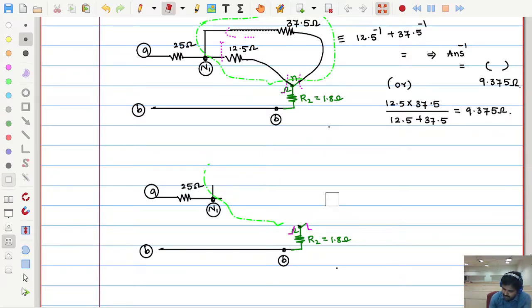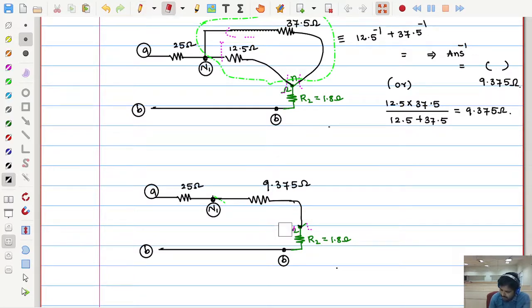So this value I already calculated. How much is that value? 9.375 ohms. Now tell me what shall I do next?